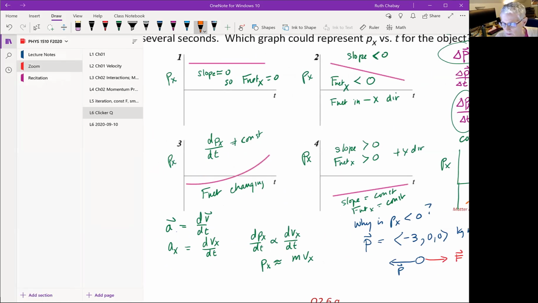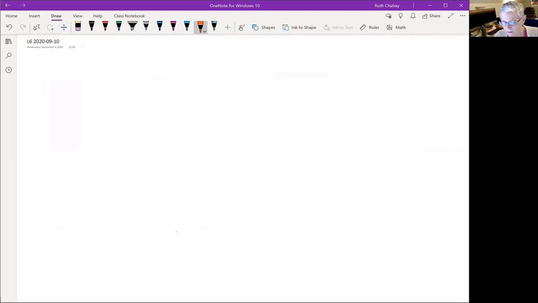So let's go back to talking about forces and what forces can do. We'll see an example in the next thing we look at, an example of forces that can change speed and direction.